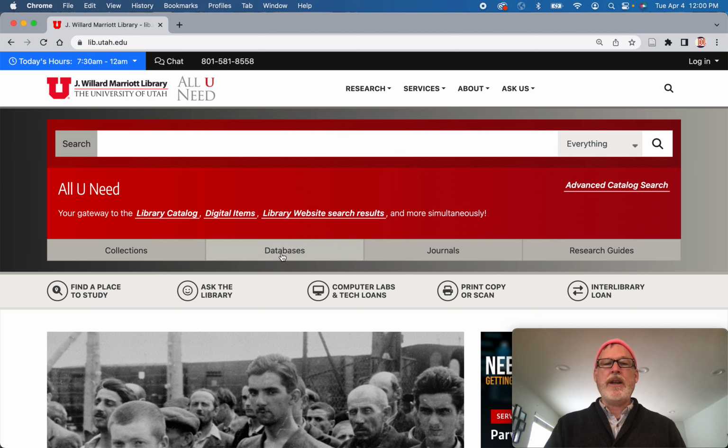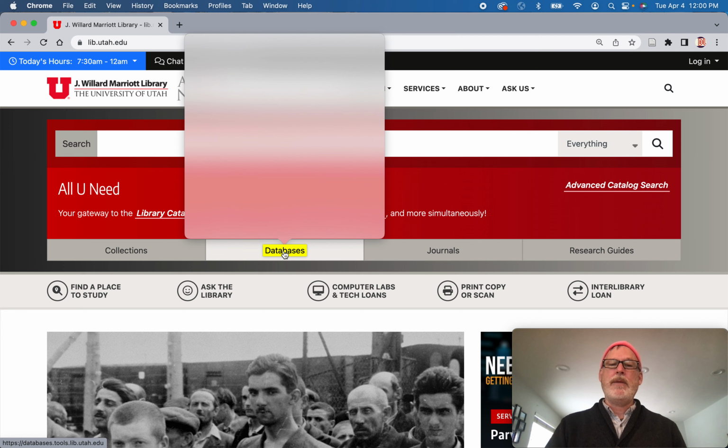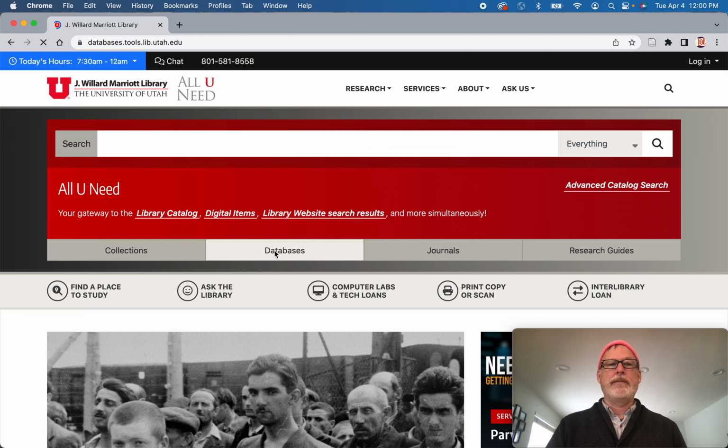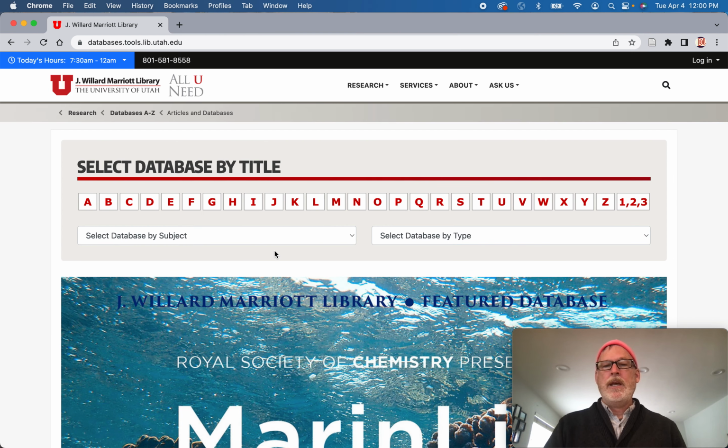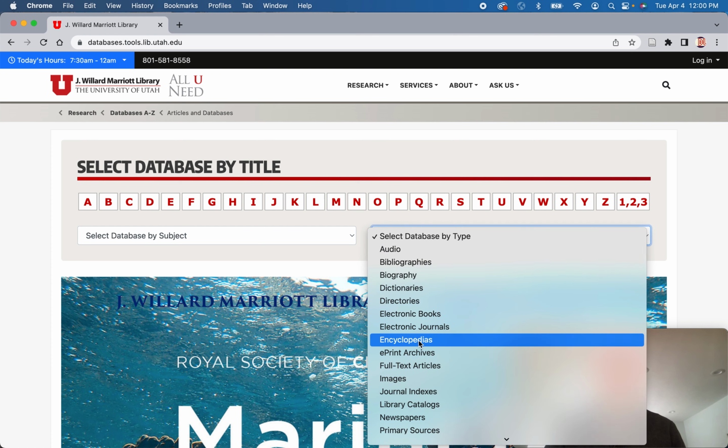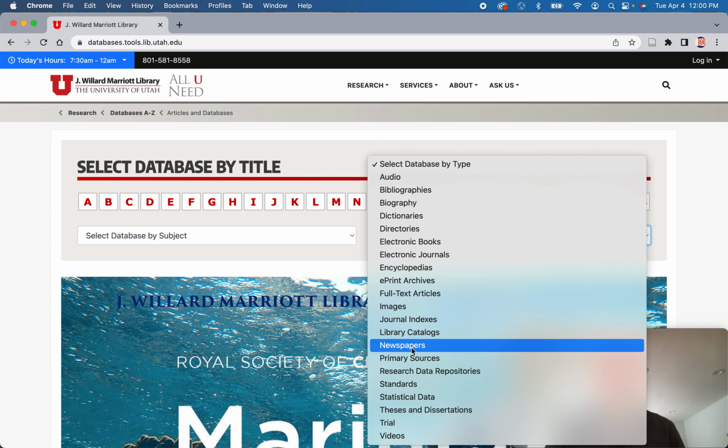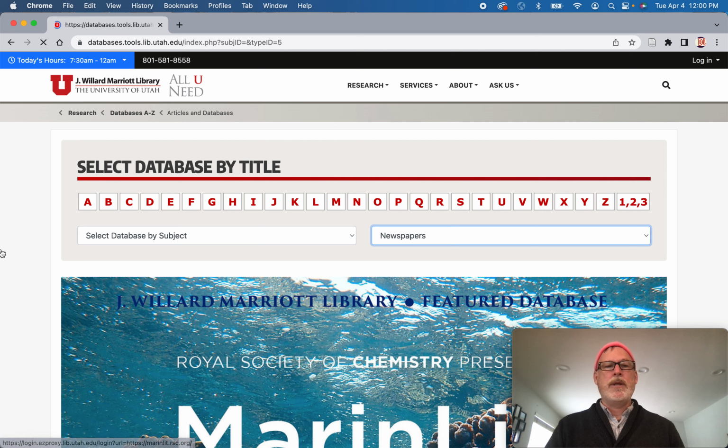So how would you find evidence of schizophrenia in black populations being declared by the media and read about a lot? Well, let me show you. If you go to the databases, you can go by type, and one of those types is newspapers.